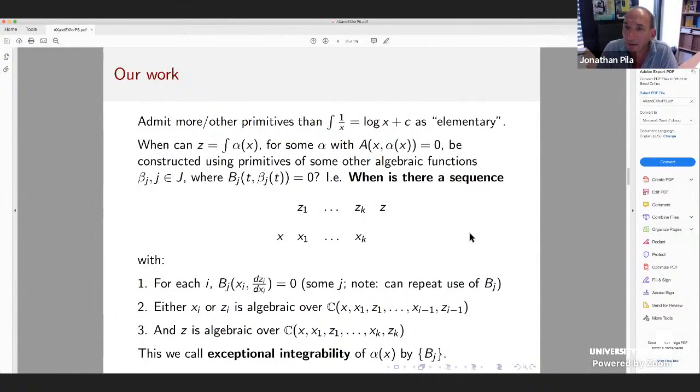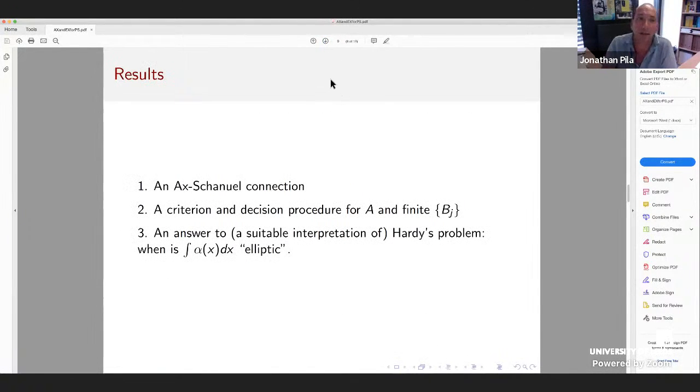Okay, so that's the definition of exceptional integrability. And basically our results are firstly that there is an Ax-Schanuel statement, if you like, for individual abelian integrals or collections of abelian integrals.